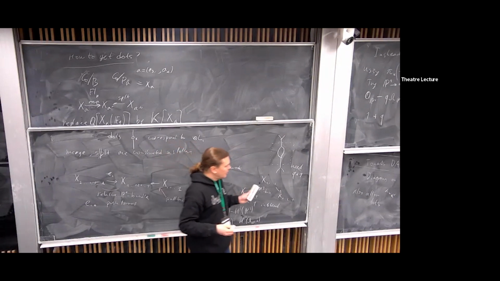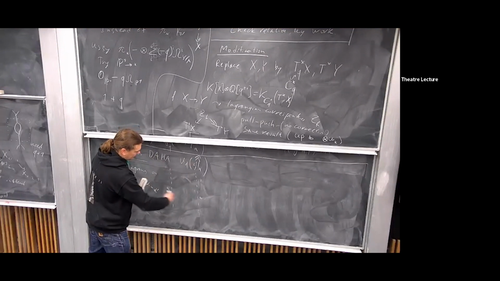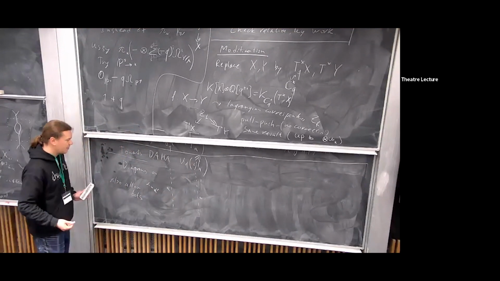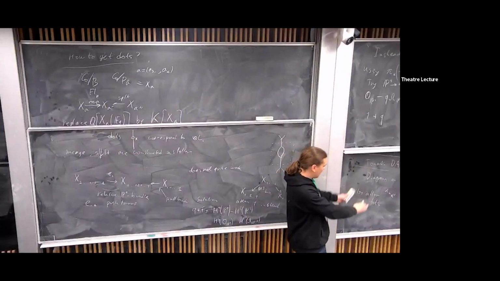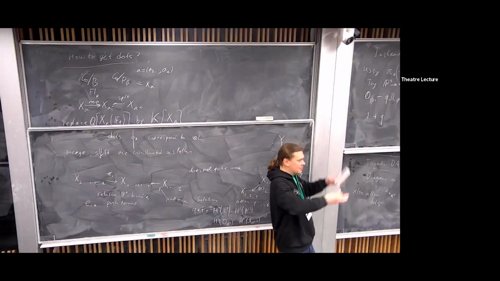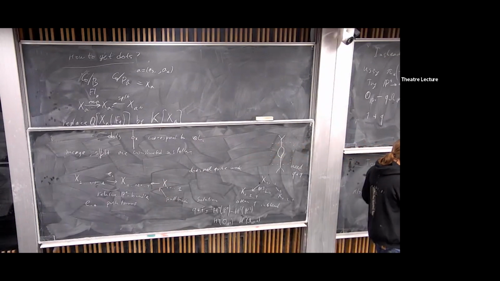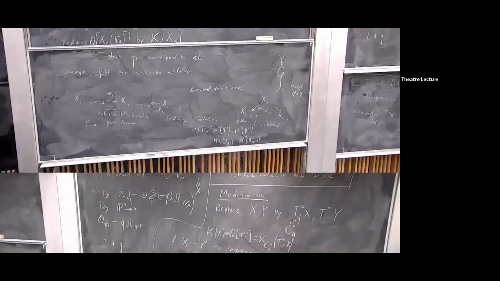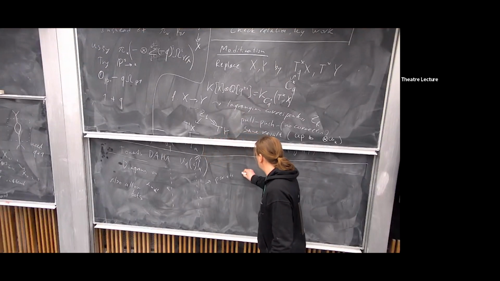Now we should use the cylindrical structure of the picture, and the way to do it is, if you have any picture in the strip, you just interpret it as a periodic picture.